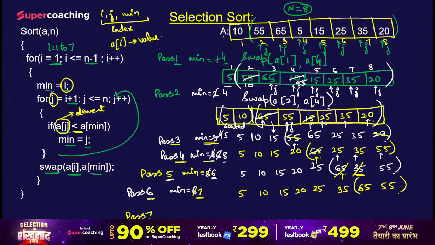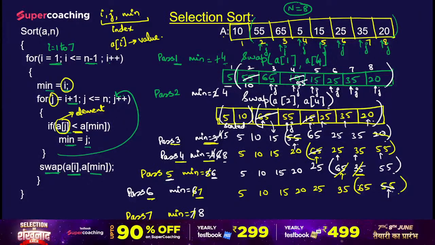Pass 7. We'll assume that the 7th element is the minimum element. Now, start comparing the elements. 55 is smaller than 65? Yes. Elements are over. So just swap index 7 with index 8.